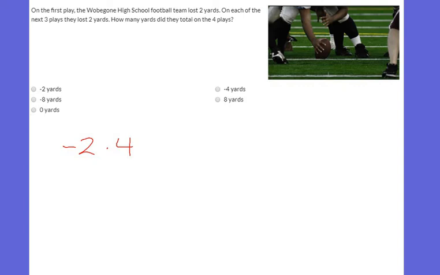Remember, if there's an odd amount of negative numbers, then your final answer will be negative. There's just 1 negative number, 1 is odd, so my final answer has to be negative. So 2 times 4 is 8. So they lost, how many yards did they total on the 4 plays? They had a negative 8-yard loss.